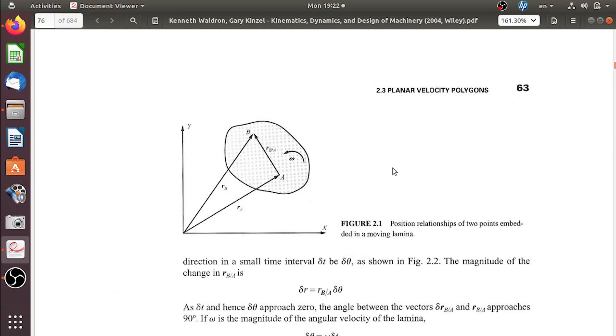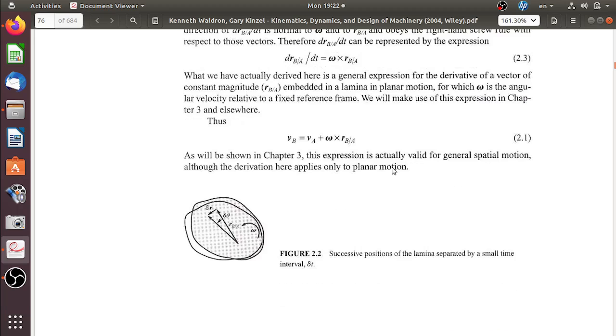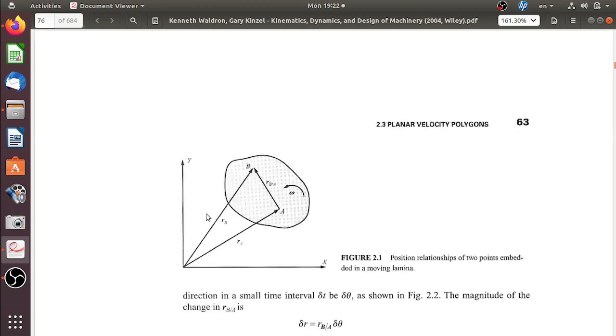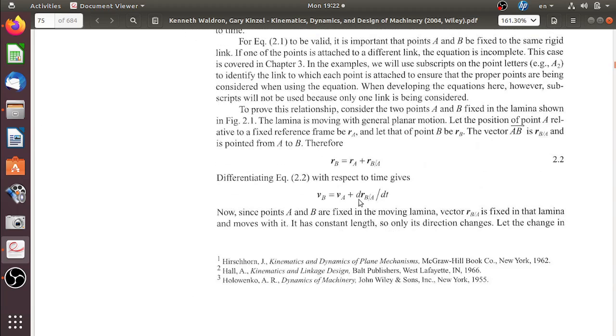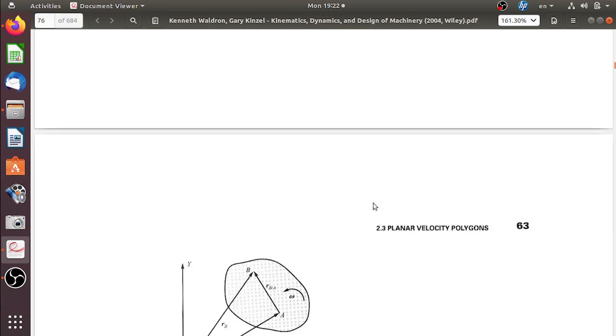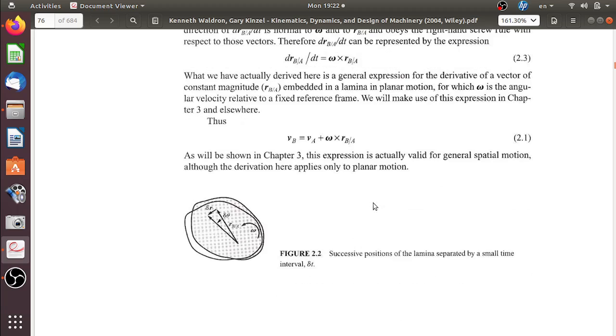To identify it, let's go to this picture. If you recall, there will be a change in RB/A only if there is a change in the direction. So there won't be any change for a translation motion; this term will be 0. Therefore we will have a non-zero value for that term if there is a rotation.